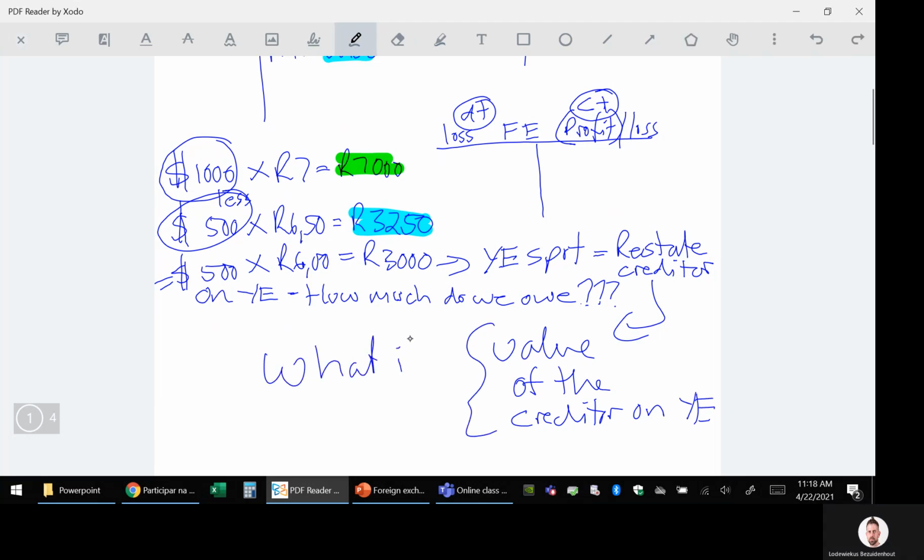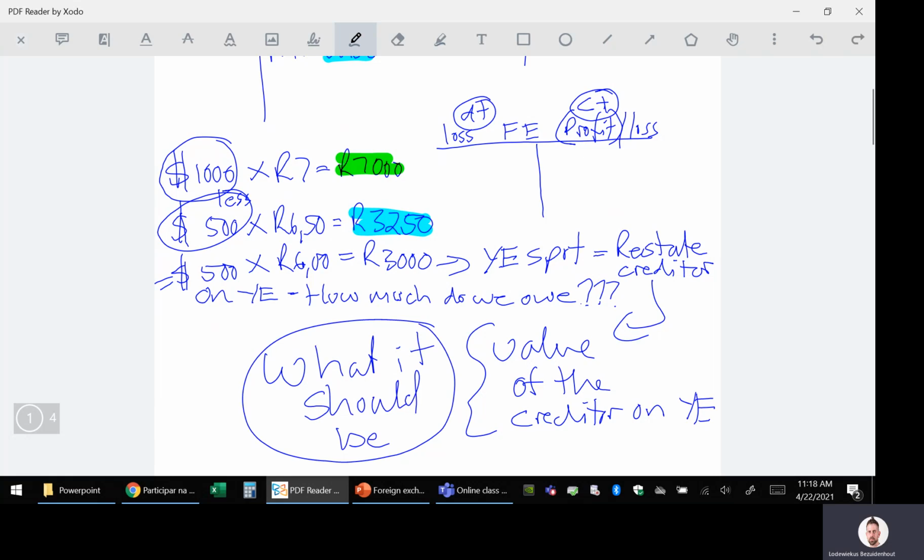What it should be. So that's the value that it should be. It is not an adjustment. This is what we should have shown for the creditor on year end, 3,000 Rand that we still owe on year end.